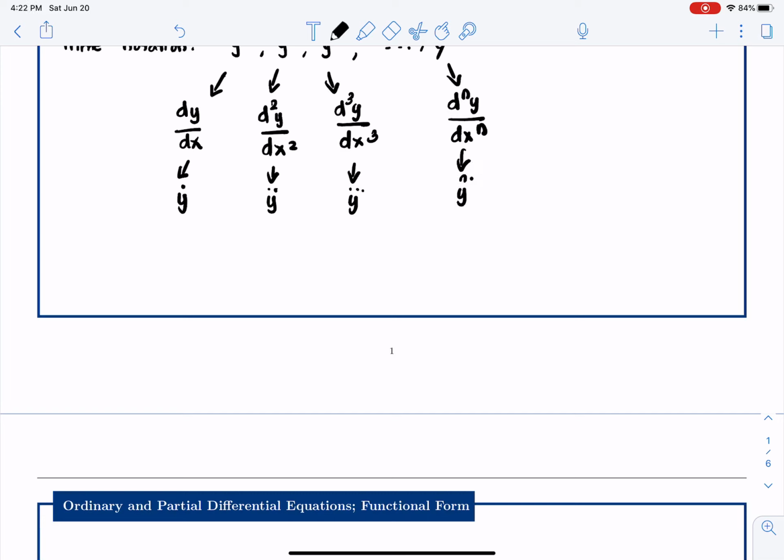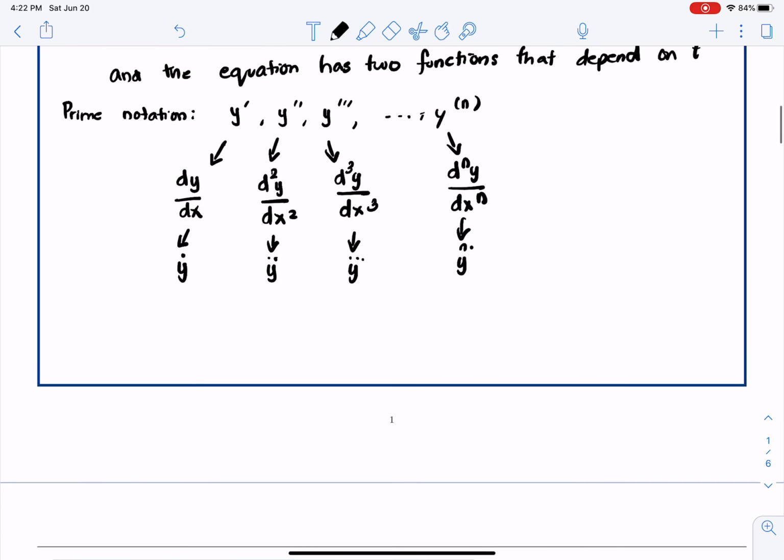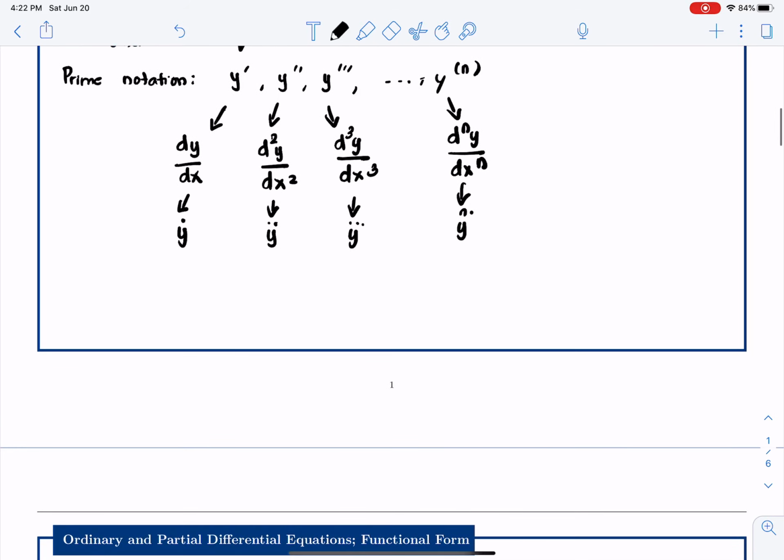The dot notation is not preferred when we have equations of a higher order, so it's best we stick to the prime notation or the Leibniz notation.